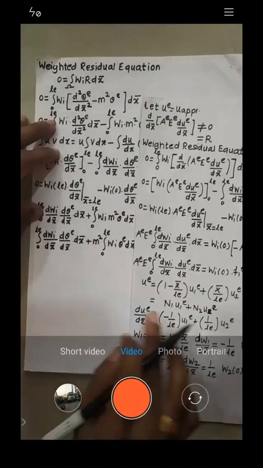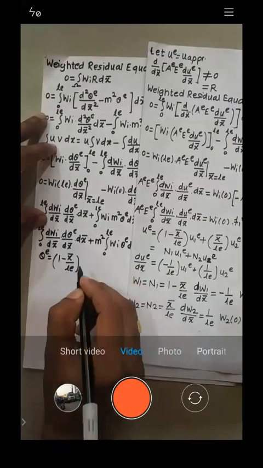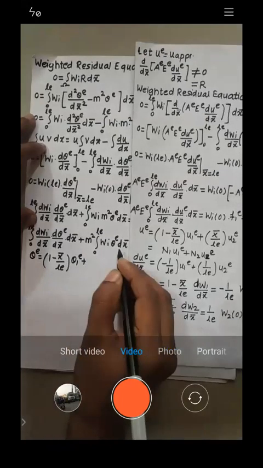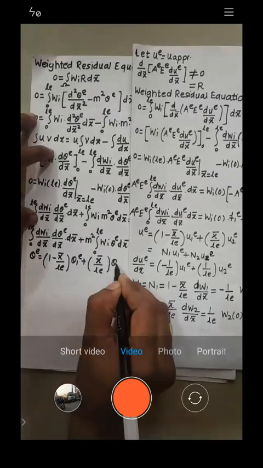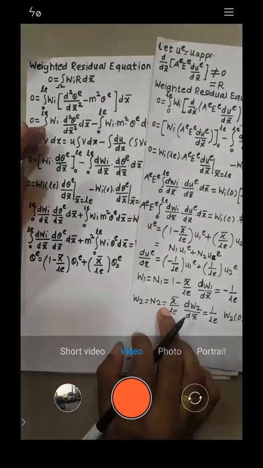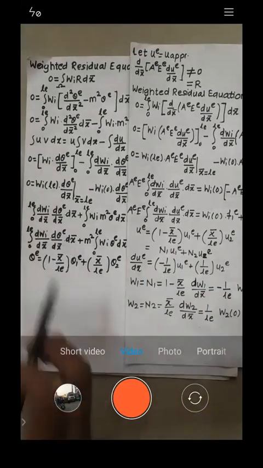So I'll write down here, theta E is given by, same I'm writing, 1 minus x bar by LE, theta 1E, plus x bar by LE, theta 2. Is it okay? Or not? Let me know. Is it clear or not? See, this was written for displacement. The same is written for theta, and theta is a temperature. Yes or no? Clear or not? Let me know. Here u was the variable, here theta is the variable.